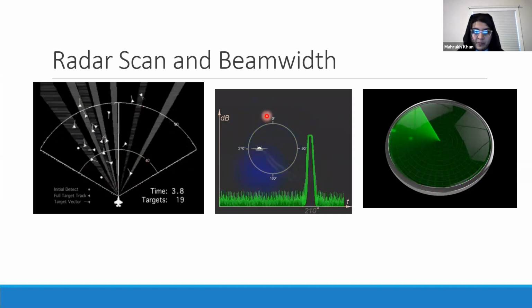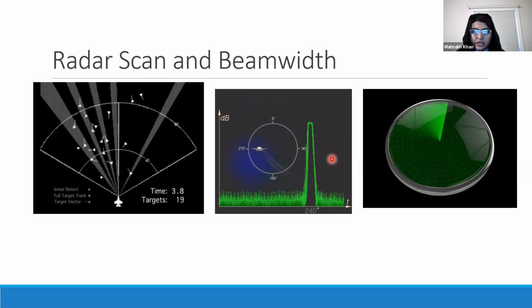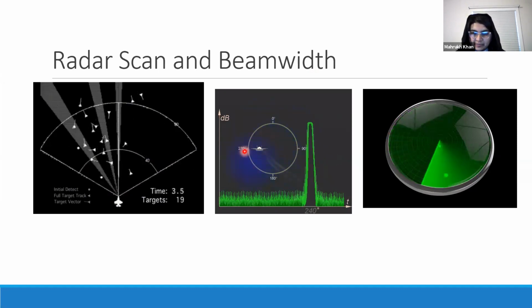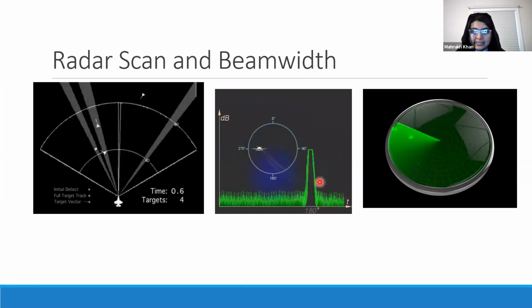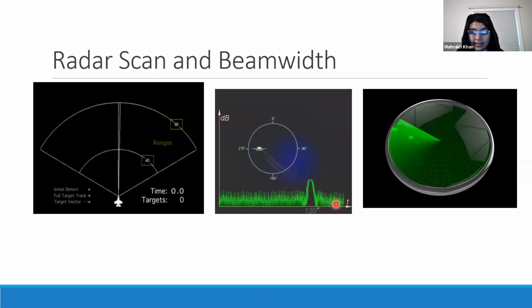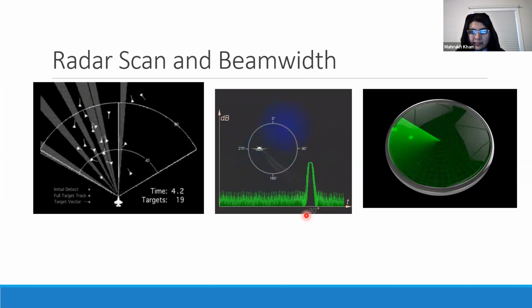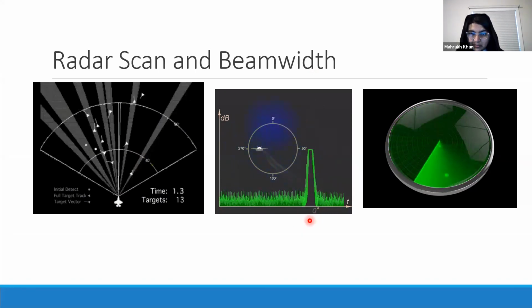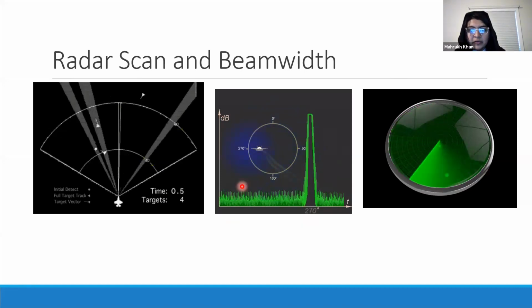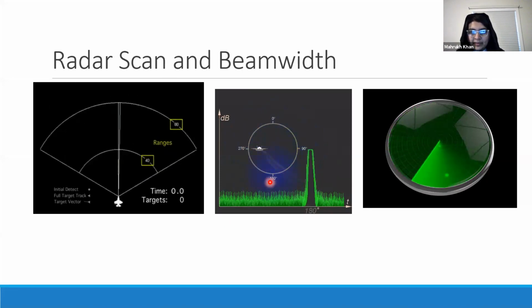In this scenario, you can see that the target exists near 270 degrees, right? In this scenario, it's showing the maximum strength of the target as it is approaching 270 degrees, like the antenna's radar. You can see this blue beam that is going round.